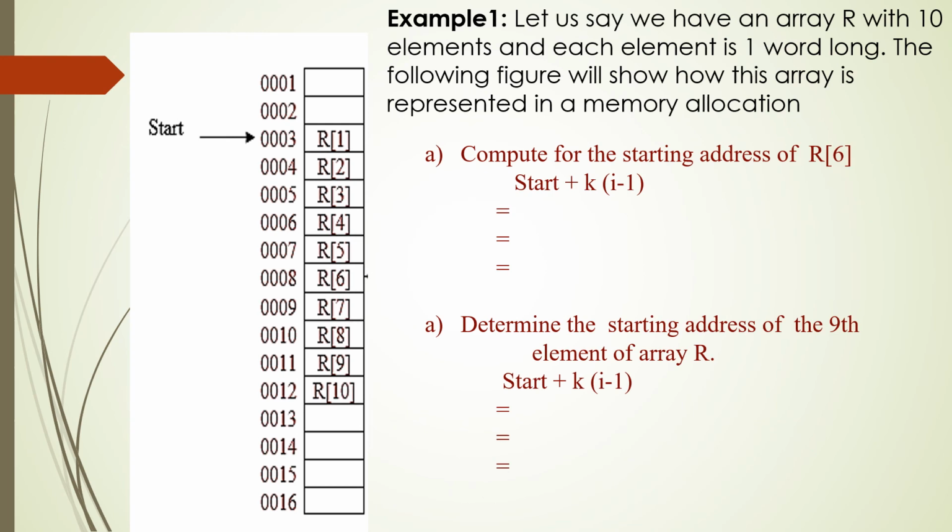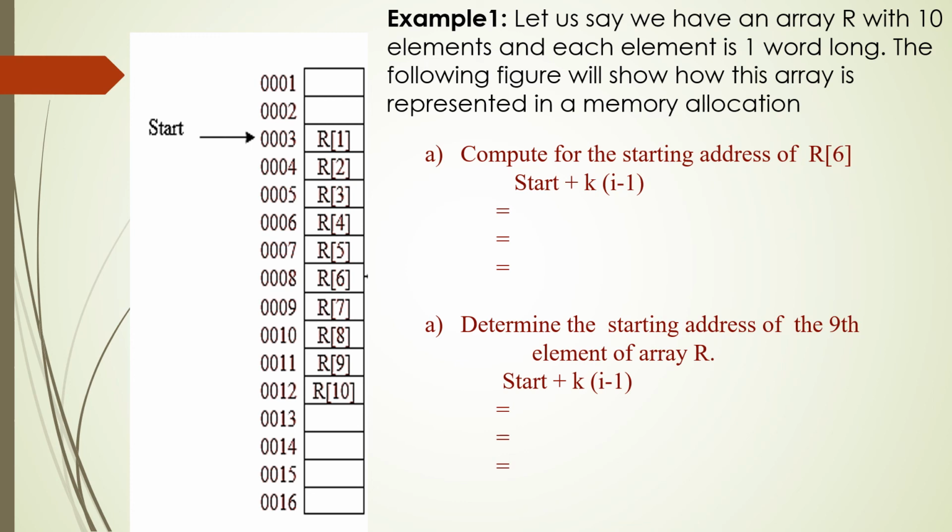So, to further discuss that, let us have this example. Let us say we have an array named R with 10 elements, and each element is one word long. Okay, so in here, as you can see, we have memory locations. Okay, and then we started from 0001.